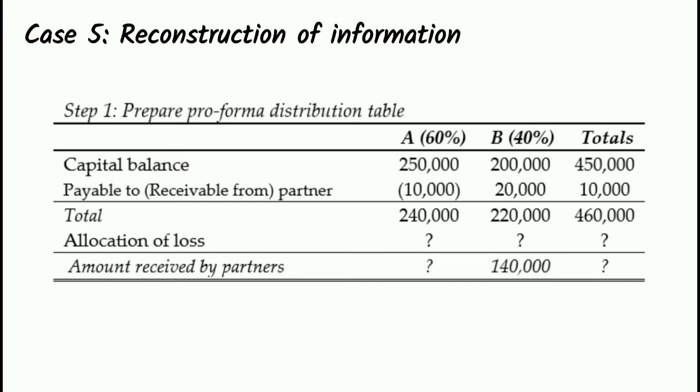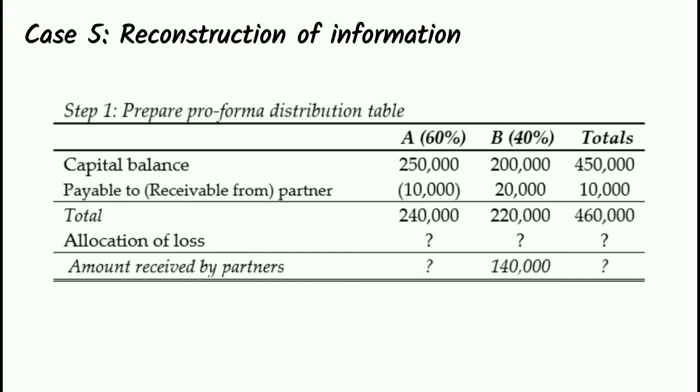Yung receivable from A na 10,000 pesos, that is deducted from the capital of A. And yung payable to B na 20,000 pesos, that is added to the capital of B. 20,000 pesos minus 10,000 pesos, that is equal to 10,000 pesos.